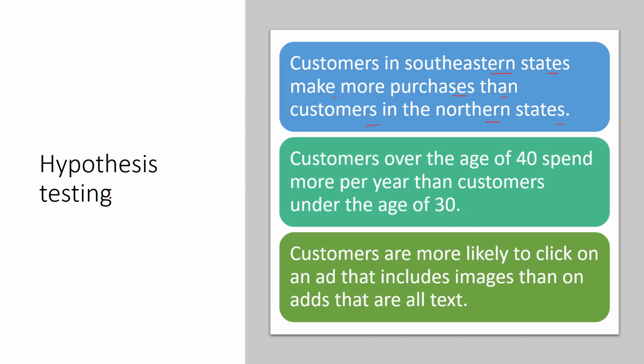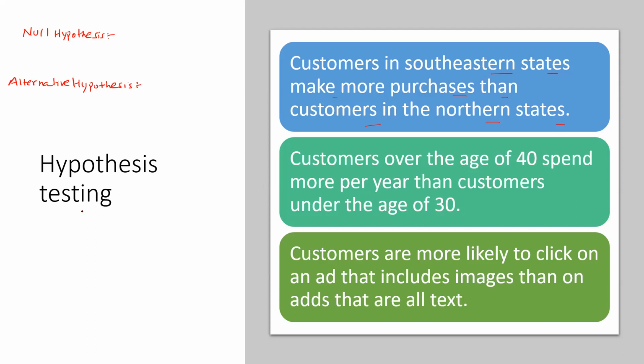In hypothesis testing we have two things: one is my null hypothesis, and the other is my alternative hypothesis.